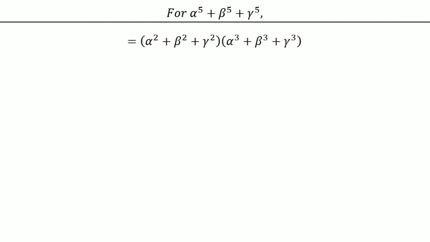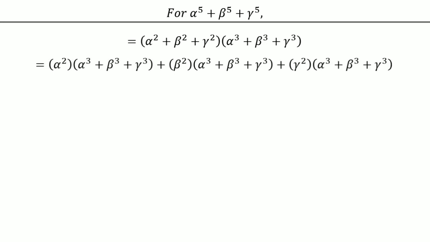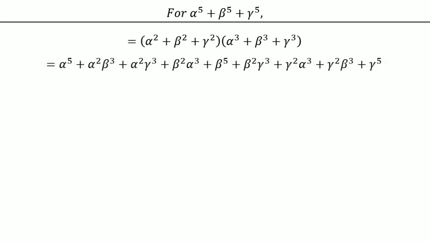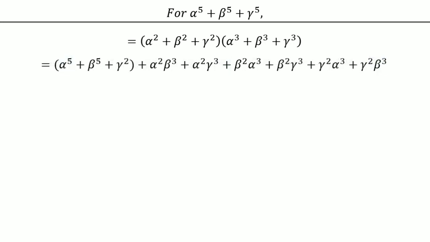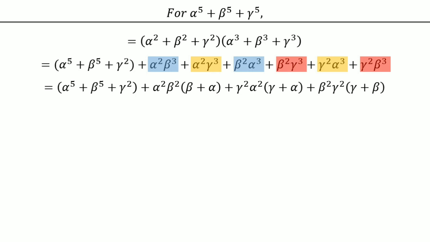Now for alpha⁵ + beta⁵ + gamma⁵, we are just multiplying (alpha² + beta² + gamma²) times (alpha³ + beta³ + gamma³). Now opening the parentheses and multiplying all the terms, we take alpha⁵ + beta⁵ + gamma⁵ on one side and make some pairs like that. So finally we have this, and we know that alpha + beta + gamma is equal to 0, so we are substituting these values with only one value using this result.